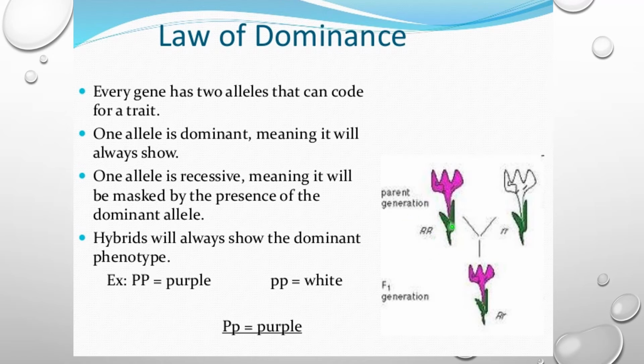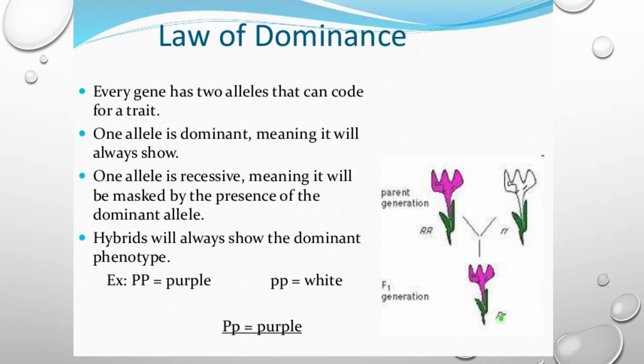When we cross the parents, whatever progeny we obtained in the F1 generation showed capital R, small r. That means the purple color was expressed, which was dominant. But the small r, which was recessive, was not expressed even though it was present with the capital R.